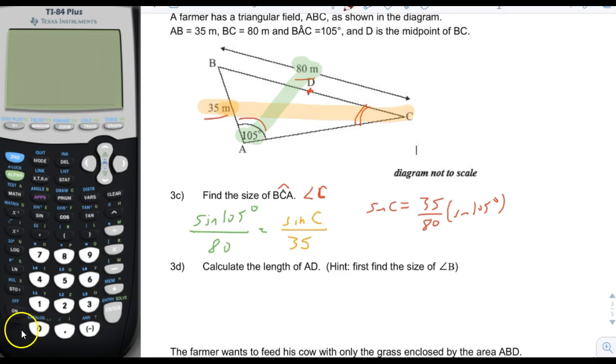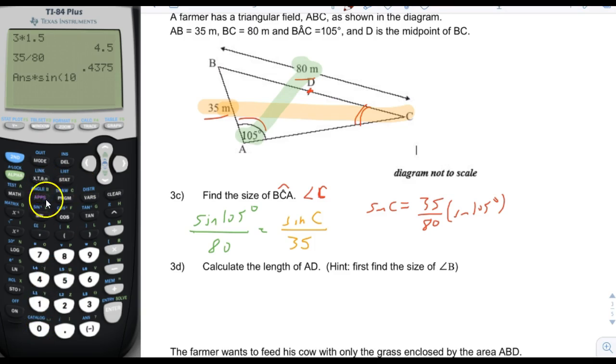So now let's use the calculator. This part we need the calculator, right? 35 divided by 80, we get 0.4375. Then we multiply times the sine of 105 degrees.